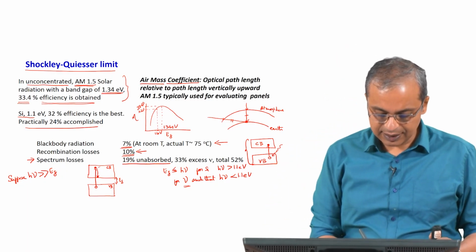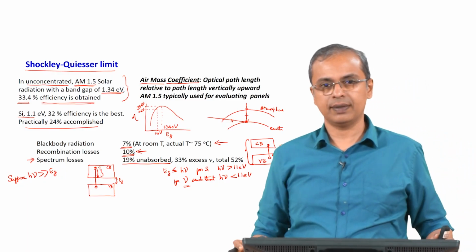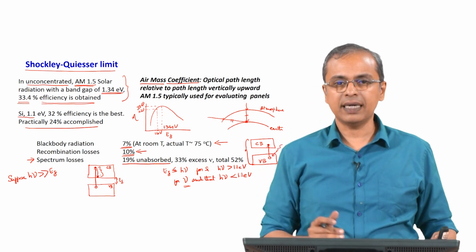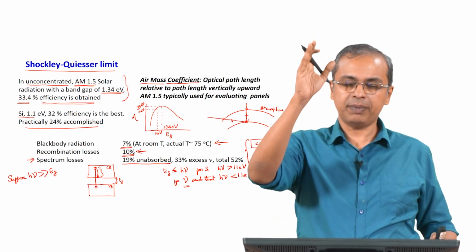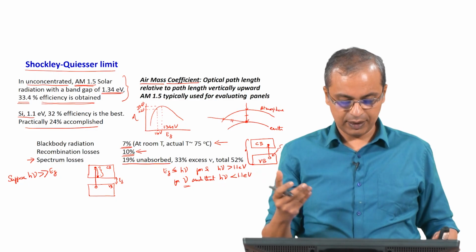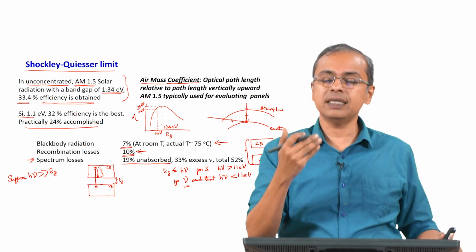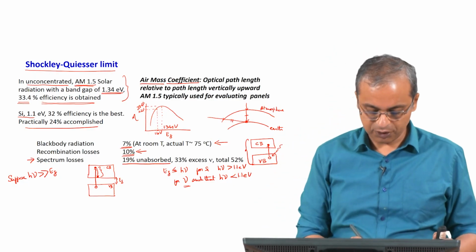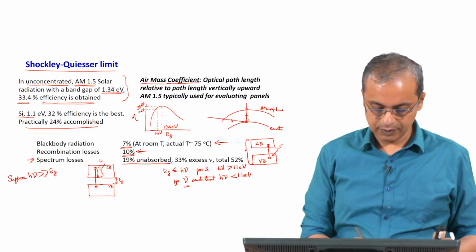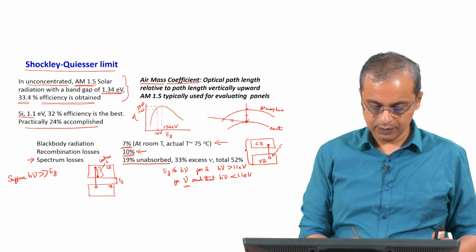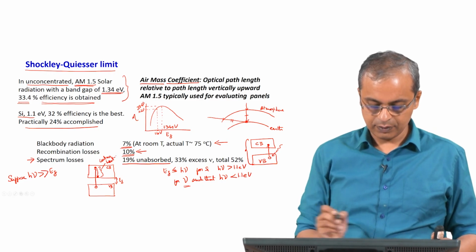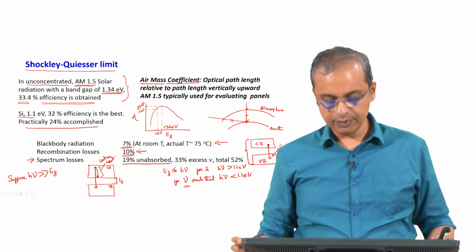So, this extra energy that you had is actually lost, right. That extra energy that you pushed into the conduction band is no longer useful for us because it just picked it up and then dropped right back. That extra energy it loses as heat. Okay. So, it is lost as heat.